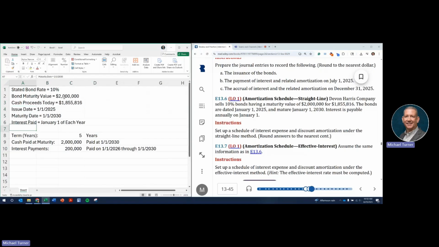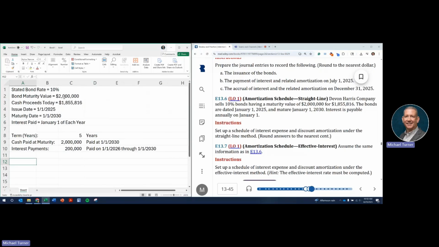So we need to calculate the effective rate to determine the amount of interest expense that's going to be recorded for each period. We know the interest that's paid, but remember, interest paid does not always equal interest expense because of the market. Therefore, we need to figure out the market rate, the effective interest rate, given the facts of the problem.